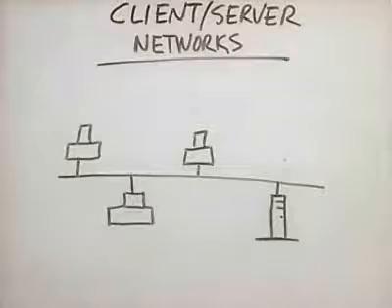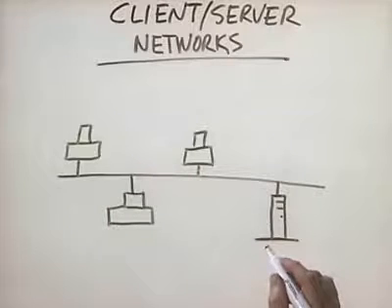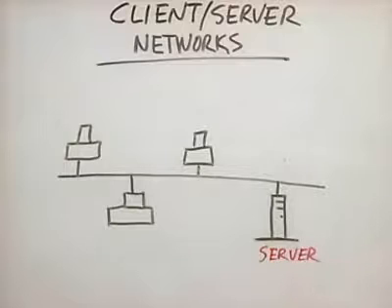Now, we have another classification within the host roles category, and that is a client-server network. In a client-server network, unlike a peer-to-peer network, network hosts have specific roles assigned to them. In the client-server network, you have certain systems, certain hosts, that are assigned to be servers. What does a server do?